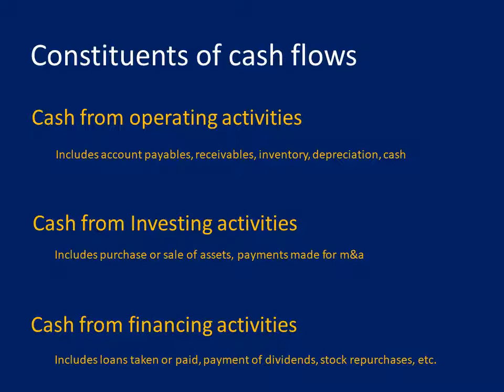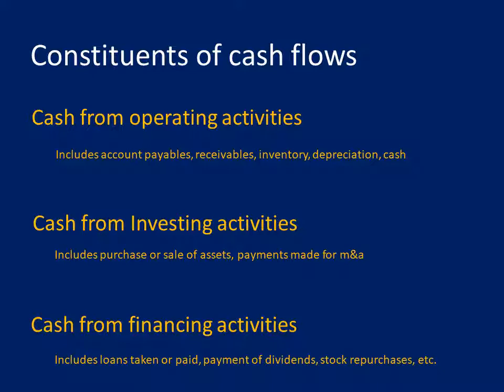Cash from operating activities includes the cash generated through the operations of the company or through the sale of the goods. Examples, as discussed before, include accounts payable, receivables, inventory, depreciation, and cash equivalents. Cash from investing activities is the cash either generated or consumed through the sale of assets or purchase of assets, or payments made under M&A are also included in the investing activities.